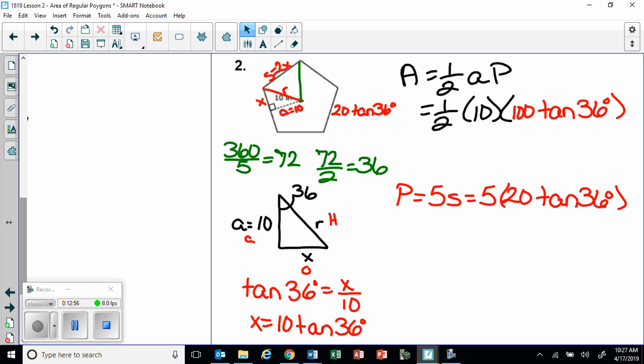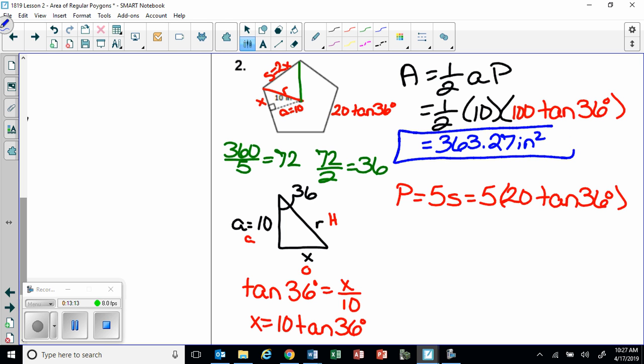There we go. So 0.5 times 10 times 100 tangent 36, and I get 363.27 inches squared. Isn't it awesome how we got to integrate a little trig into this? Yes, Miss Austin, it's fabulous and it's wonderful and we're enjoying ourselves.